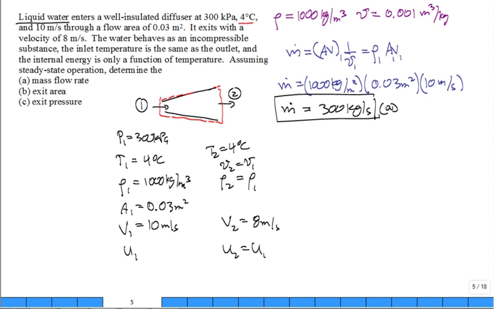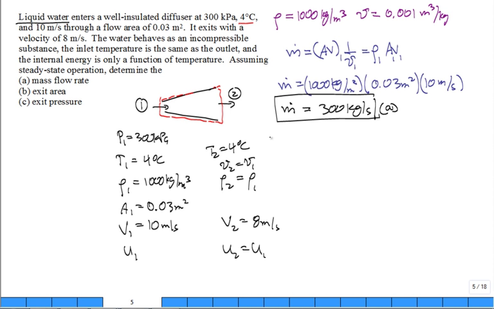Done. Part B. What is the exit area? How would I calculate the exit area? Give me the overarching principle that I'm going to employ to start my approach to calculate the exit area. Conservation of mass. True?